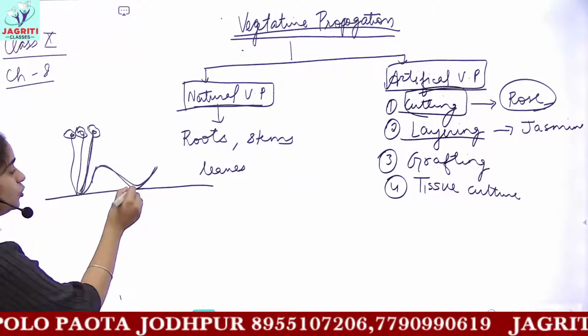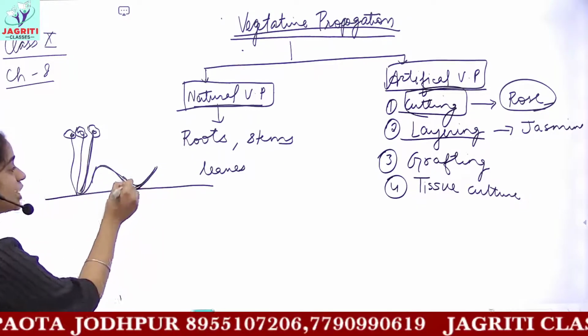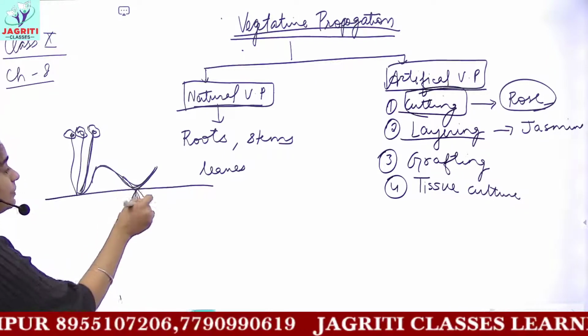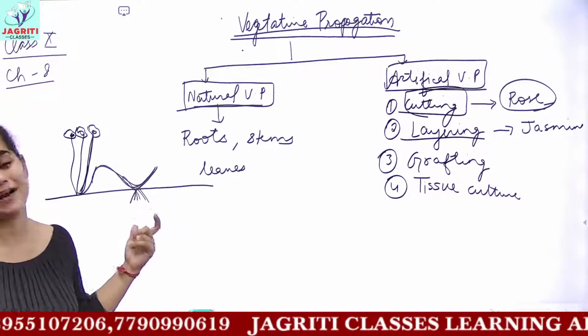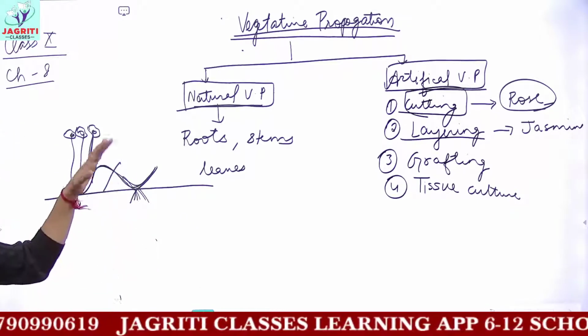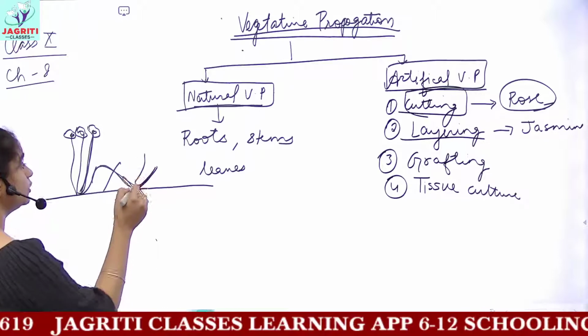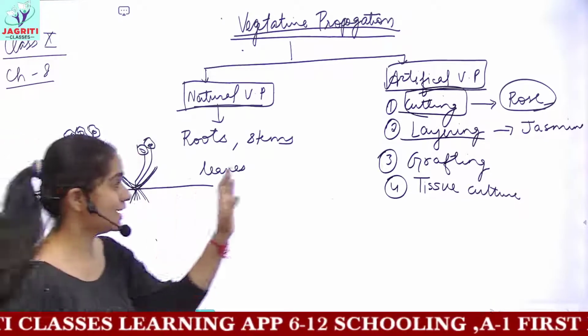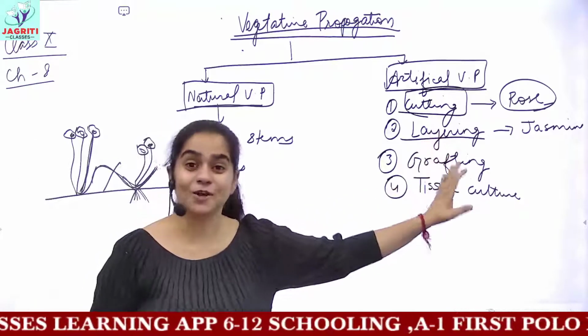After some time you will notice that the part covered or layered with soil develops adventitious roots below the ground, and when you separate or cut off this branch, it grows into a new jasmine plant. These steps are included in the process of layering.